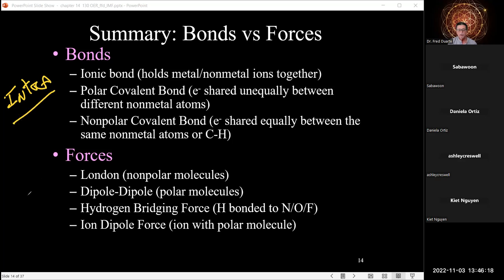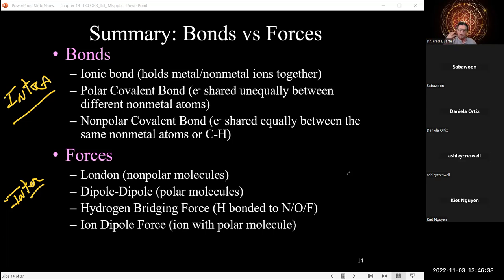When we're talking about the forces, we are talking about intermolecular forces. So intra meaning within, inter meaning not within, outside, externally with others.